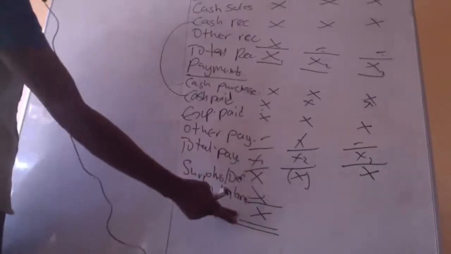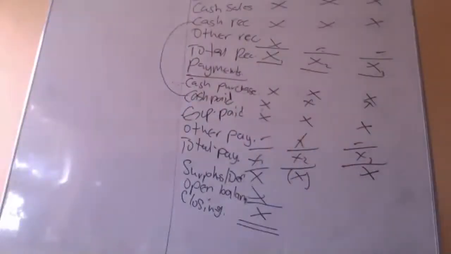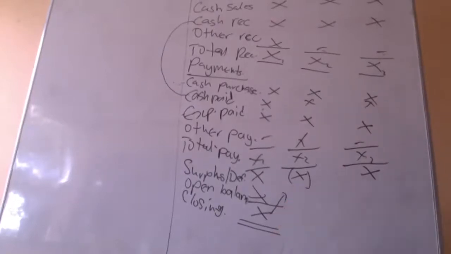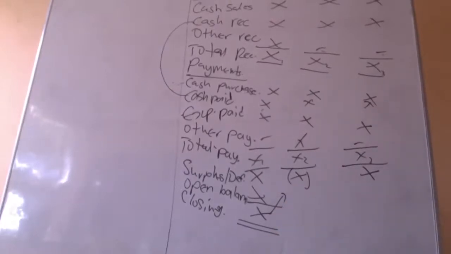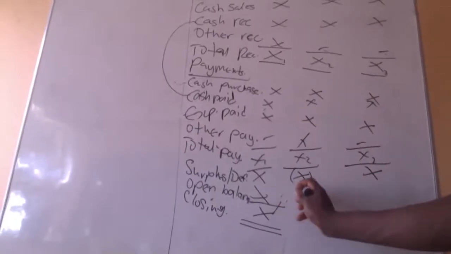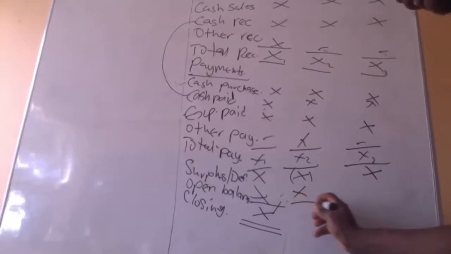It will give me the closing balance. And this game will continue until you are done. The closing balance for the first period becomes the opening balance for the next one. So you'll be pushing it until you are done. So something like this.